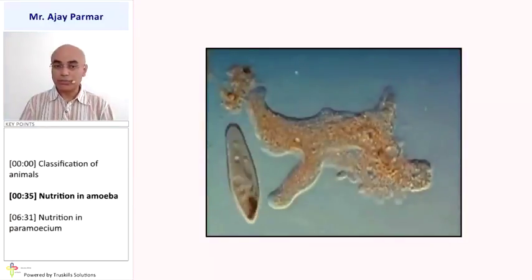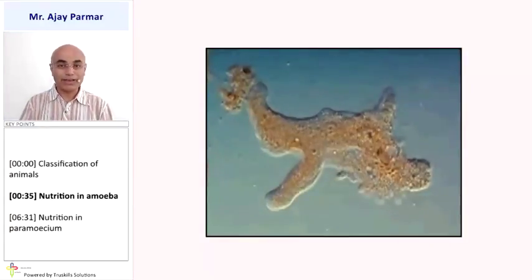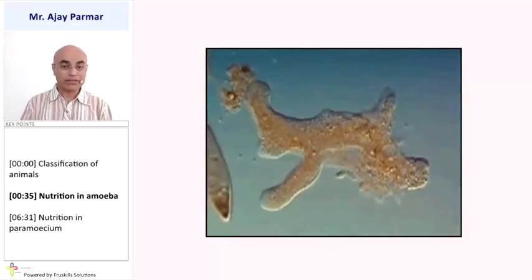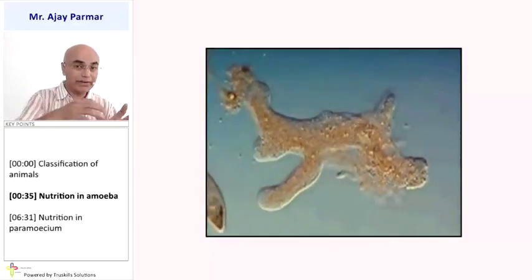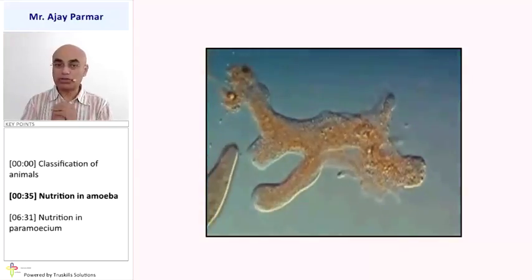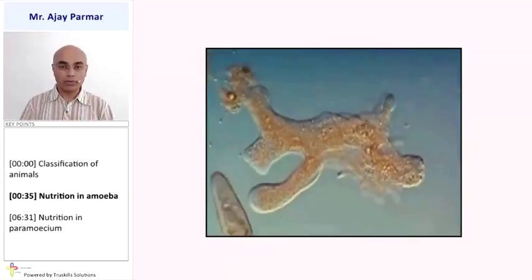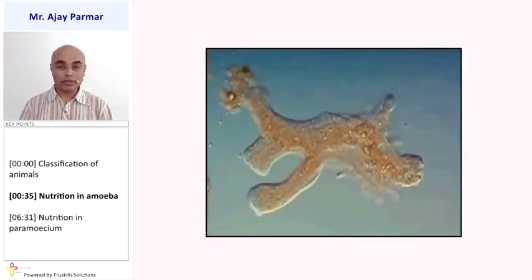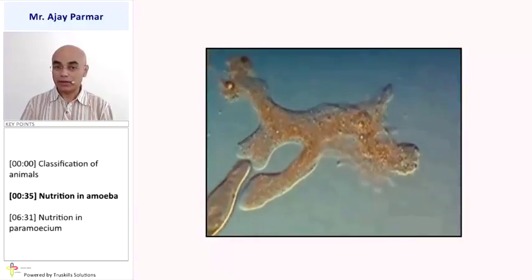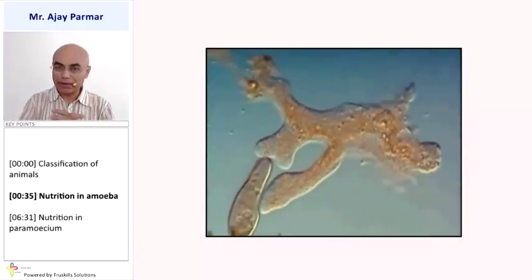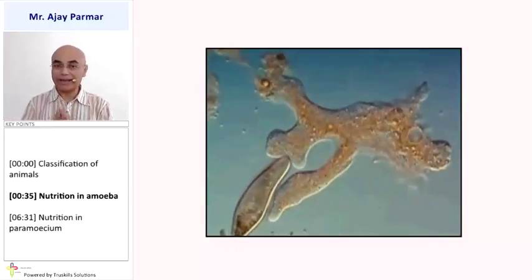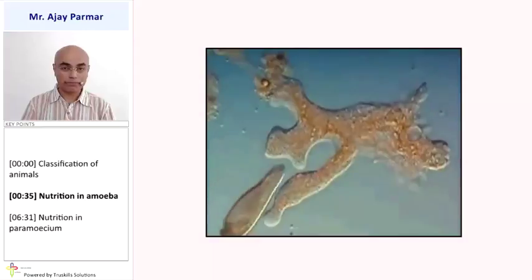Here, this is amoeba and a paramecium is coming down nearby amoeba. Let us see some finger-like structures, some expanded regions of the body of amoeba being observed. Those are the pseudopodia. And within a short span of time, you will see that this paramecium would be entrapped into the vacuole that is being created by the pseudopodia.